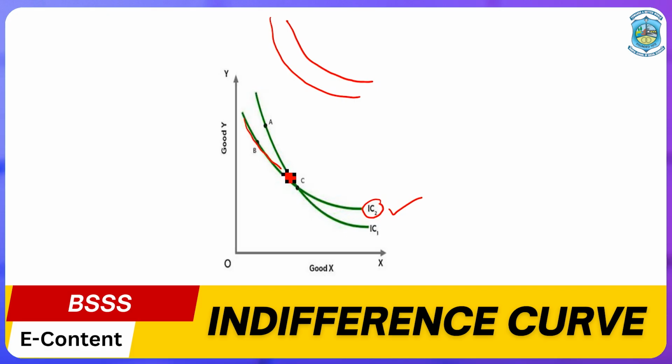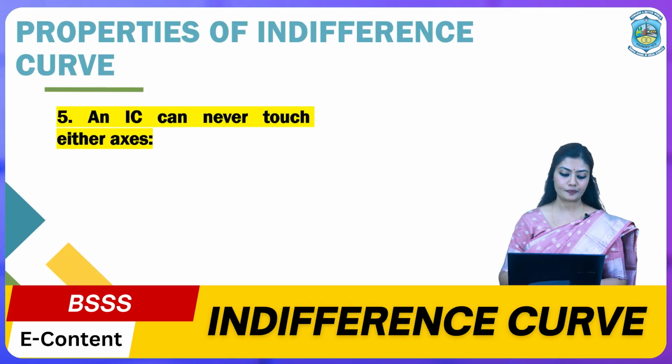If we try to intersect these two curves, there is a point of intersection, which would mean there is the same level of satisfaction, which is not at all true, because two different IC curves have different levels of satisfaction as well as different levels of bundle.